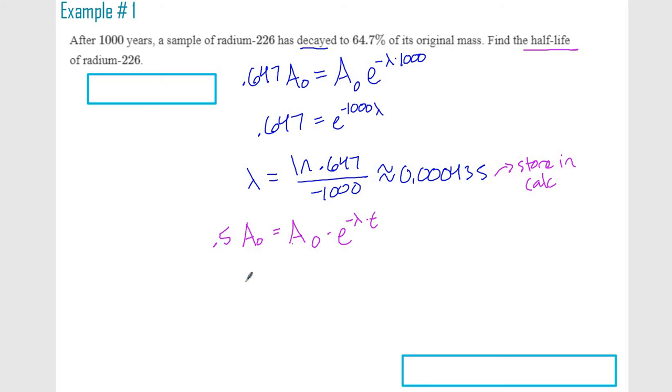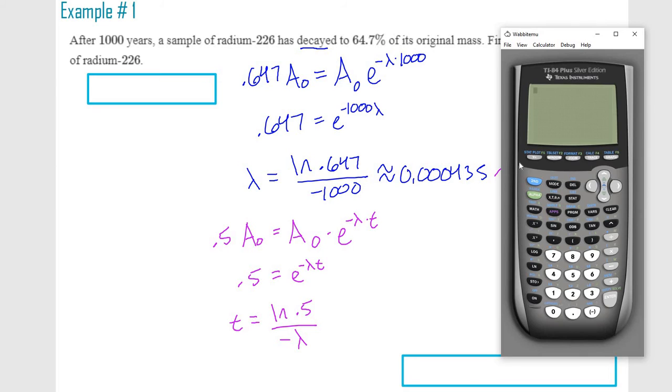The initial amounts are going to cancel out, and then we know what lambda is. That's stored in our calculator. So now we can just work this out. So time should simplify to the natural log of 0.5 over negative lambda. So let's put that into our calculator.